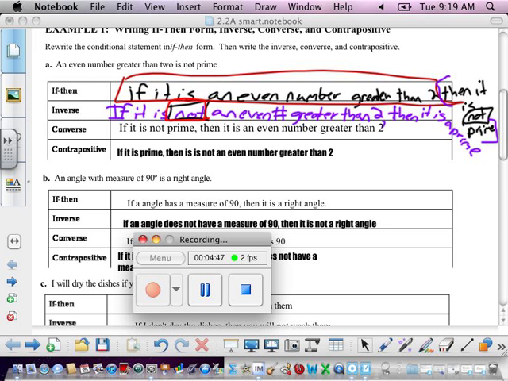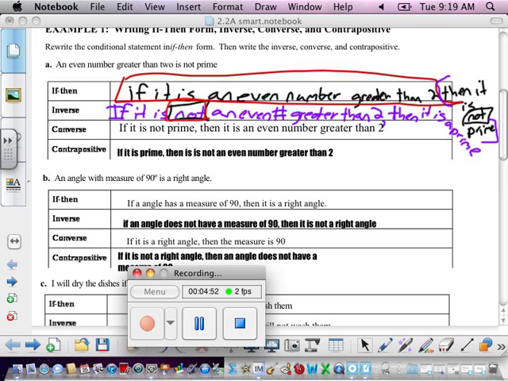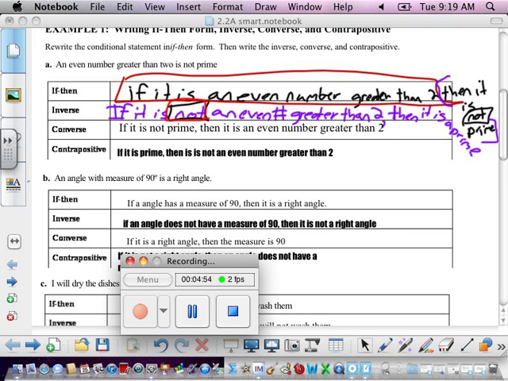Yeah. Now a contrapositive is you're going to take that converse statement and put nots in it. So you're going to say, if it is not a right angle, then the measure is not 90 degrees. Am I giving you guys too much to write at once?